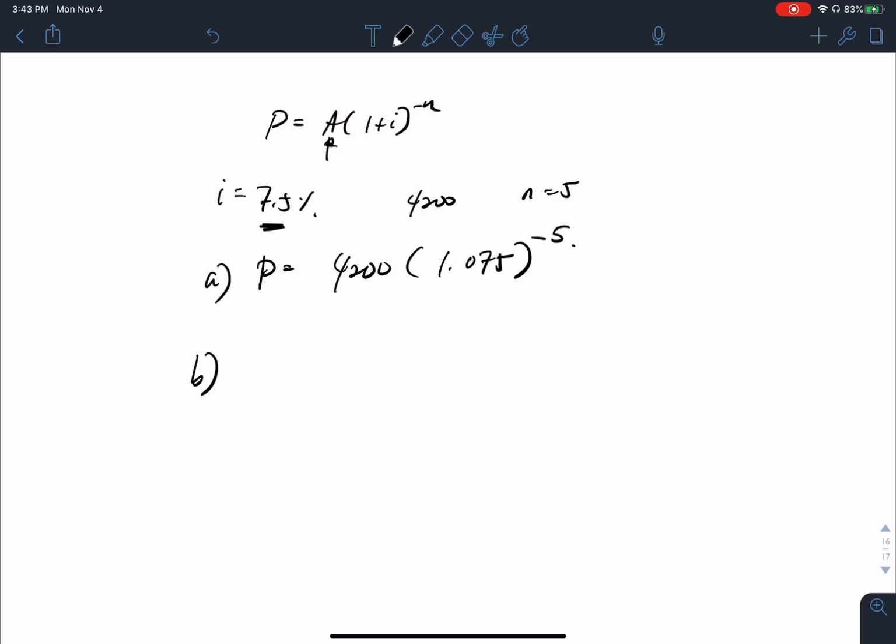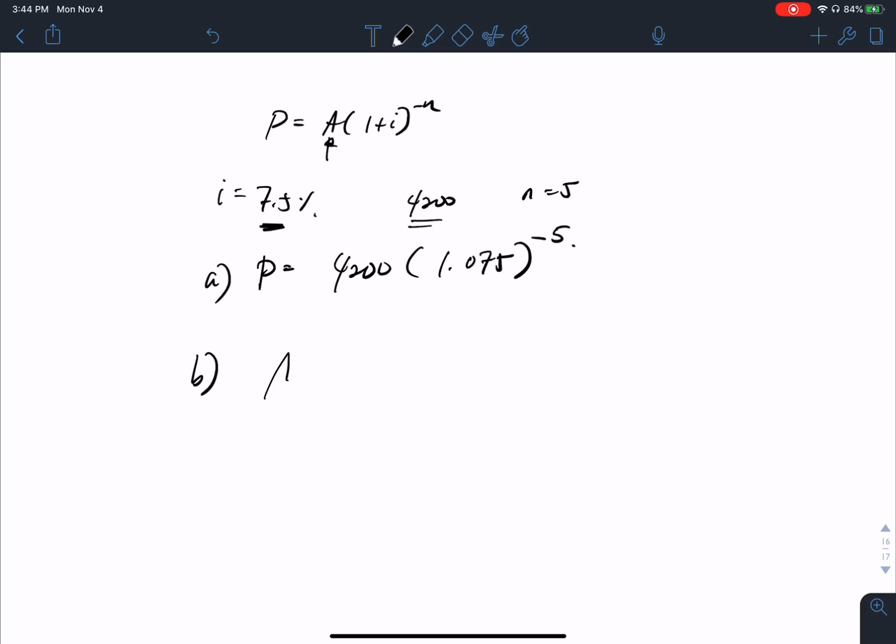How much was this account 2 years ago? Okay, 2 years ago. So what was the amount in its initial deposit? That means 2 years ago, so in 5 years, it's this.